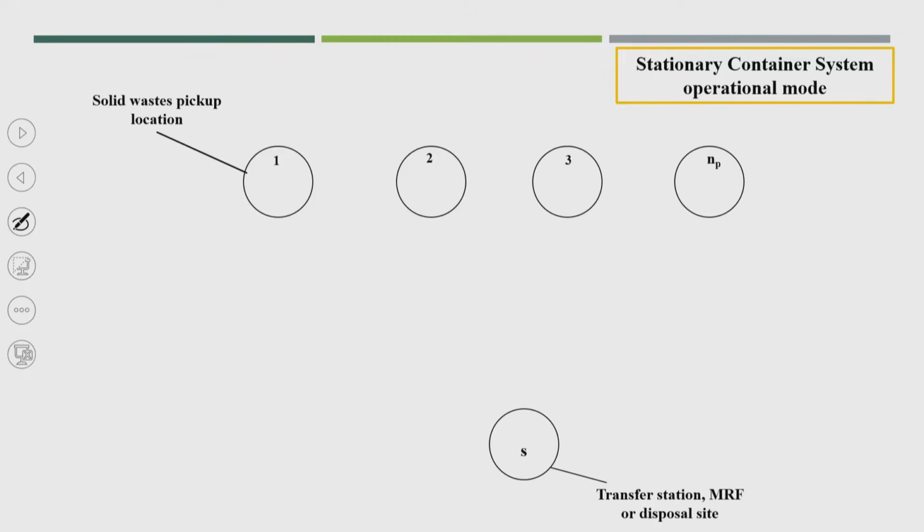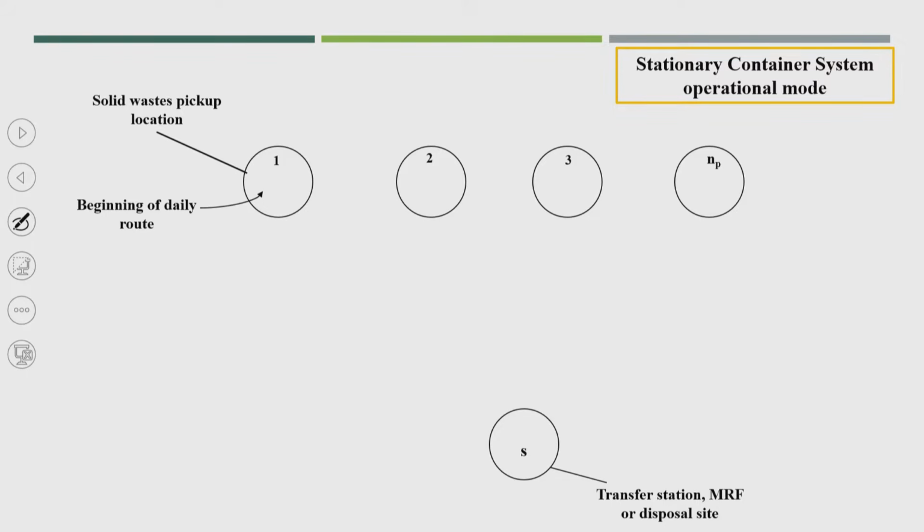Before that, we will go through one simple example, which was also discussed in the previous class: how the stationary container system operates. The route starts from the dispatch center, wherever the vehicles are available or dispatched at night.